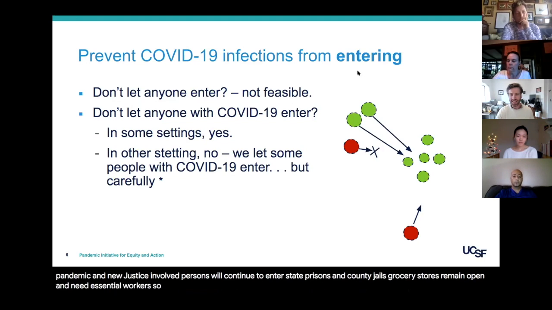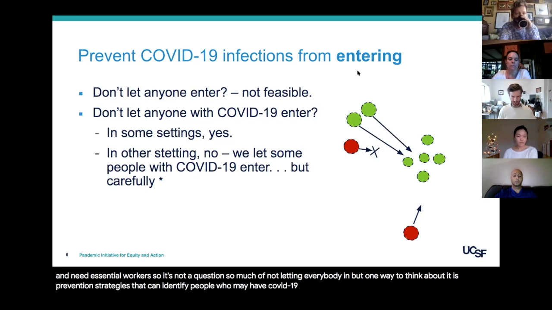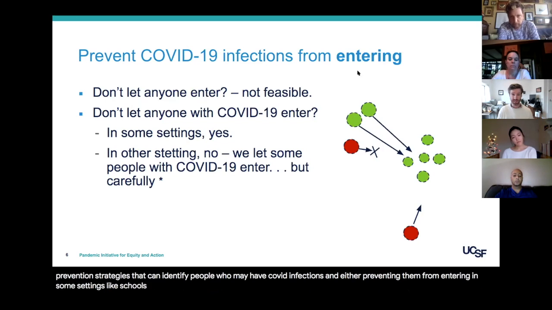So it's not so much a question of not letting everybody in, but of prevention strategies that can identify people who may have COVID infections and either prevent them from entering in some settings like schools or workplaces, or in other settings, let them in but with some extra care that we'll get into in the next slides. Next slide, please.